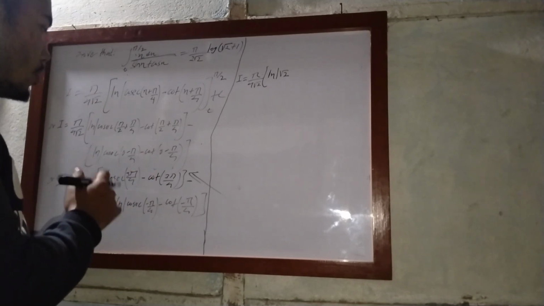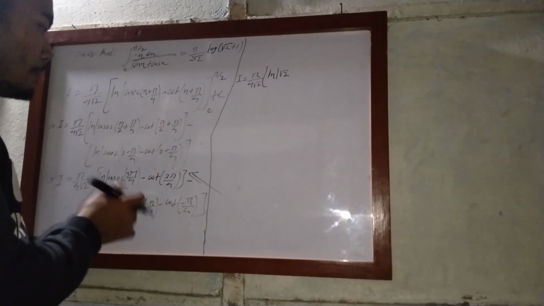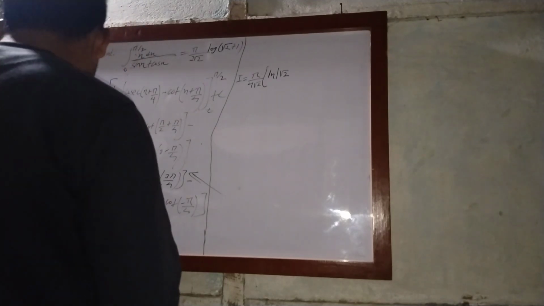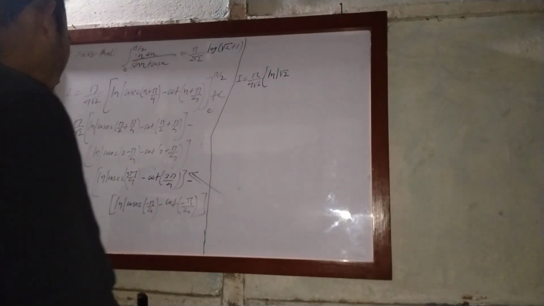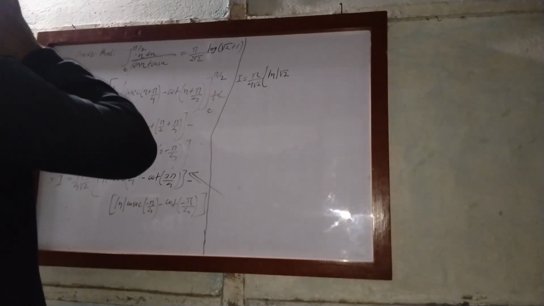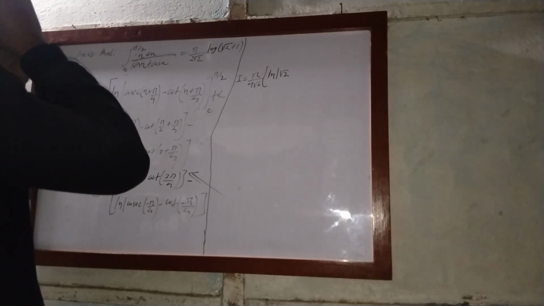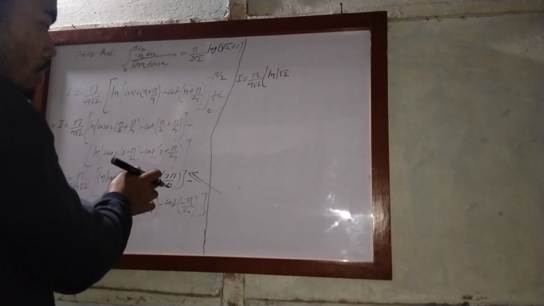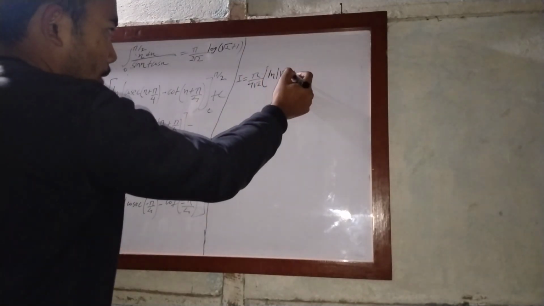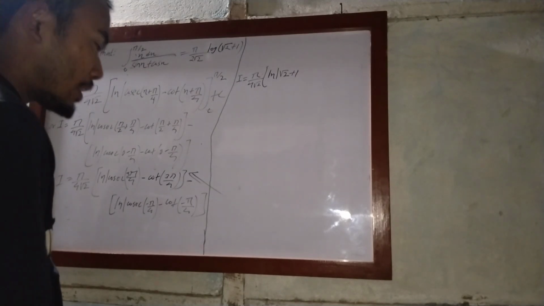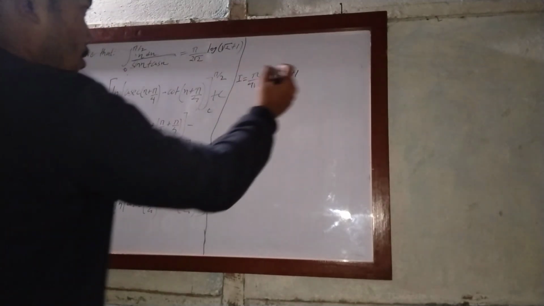Tan 135 degree is minus 1, that's why the reciprocal, cot 135, is minus 1. So we write here plus 1, because the value of cot 135 is minus 1. That minus gets plus.